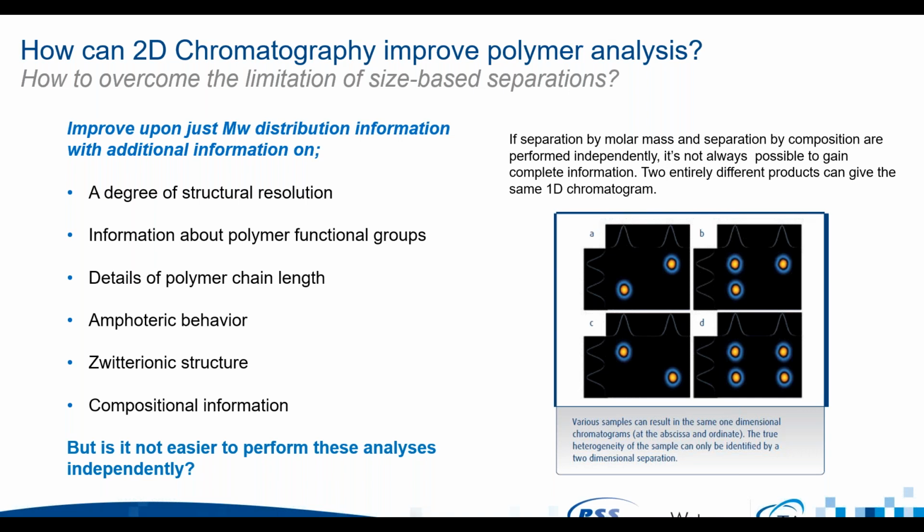But is it not, as I said earlier, easier to perform these two analyses independently? So run your GPC or your SEC and then run your LC and have a look at them.